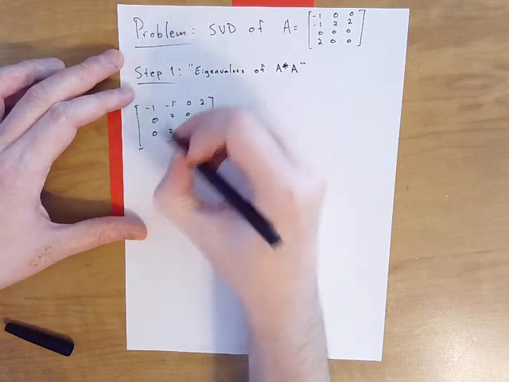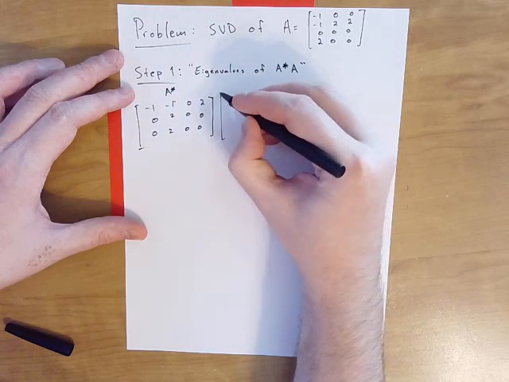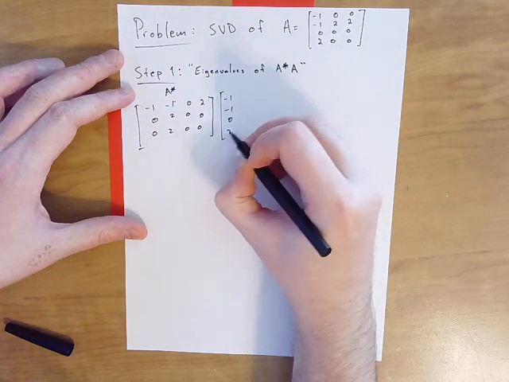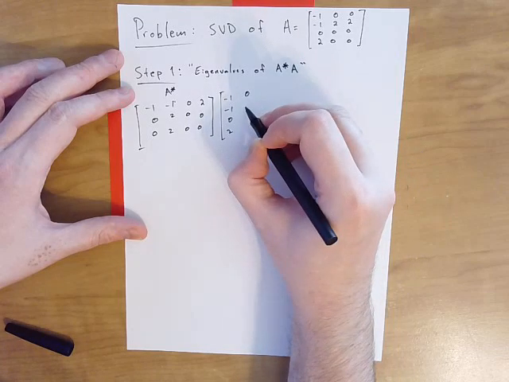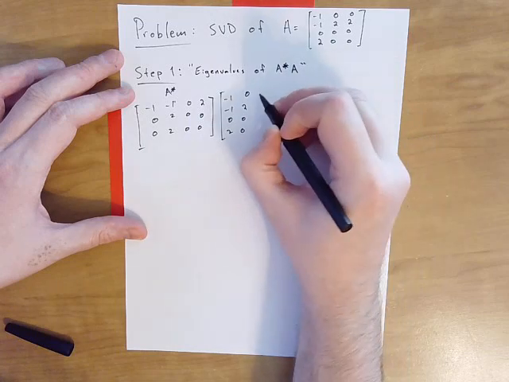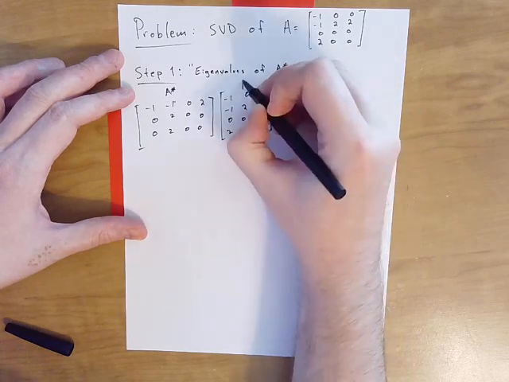So this is the conjugate transpose of our matrix, and then we're going to multiply by our matrix. Negative 1, 0, 2, 0, 2, 0, 0, and then 0, 2, 0, 0. So that's our matrix A.